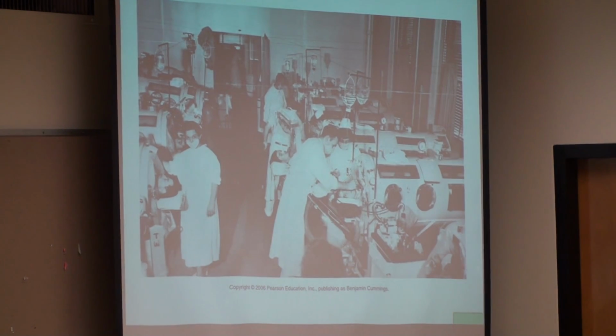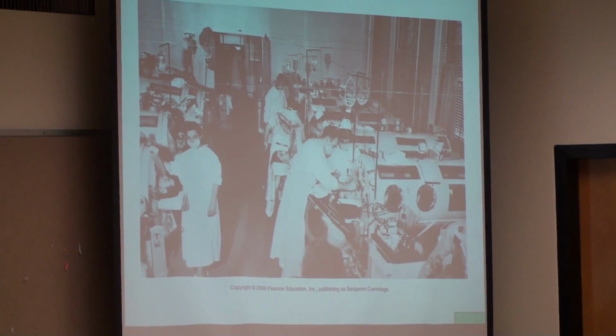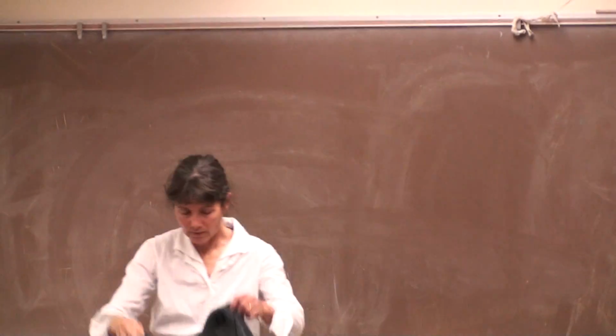So poliovirus is called an enterovirus, entero referring to intestines. The way we usually get infected is through fecal contaminated water and fecal contaminated food. So transmission is very different with polio than it is with HIV.